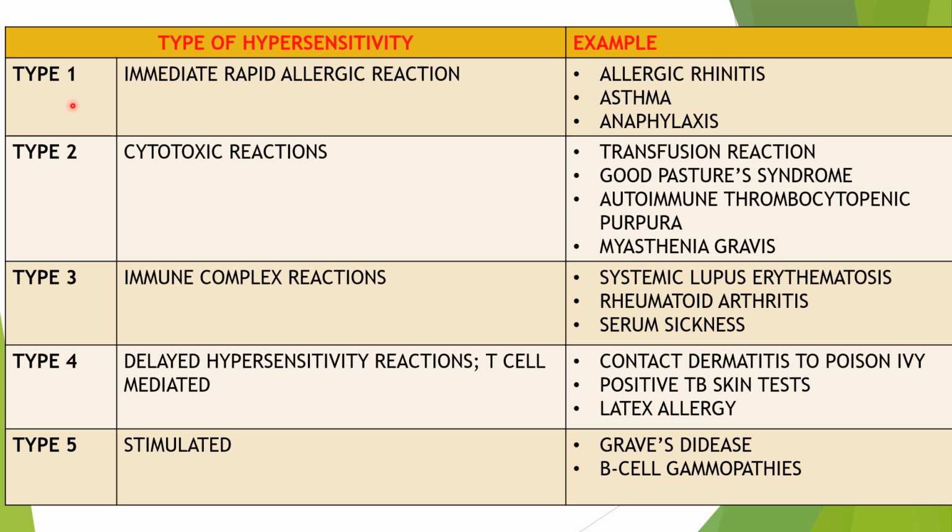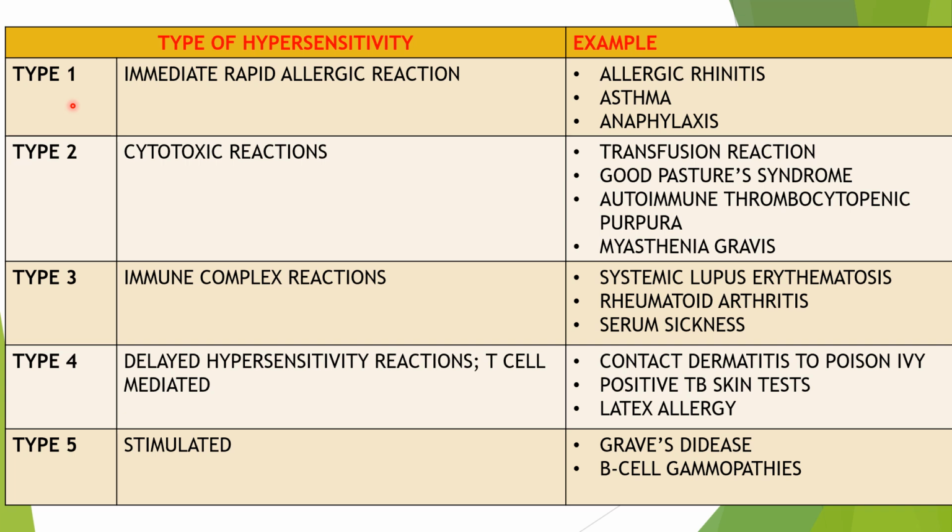The mast cell will release histamine and also other chemicals like leukotrienes and prostaglandins, which result in smooth muscle contraction, vasodilation, increased vascular permeability, bronchoconstriction, and edema. So these are the symptoms of allergy which will happen when the same allergen is exposed the second time.